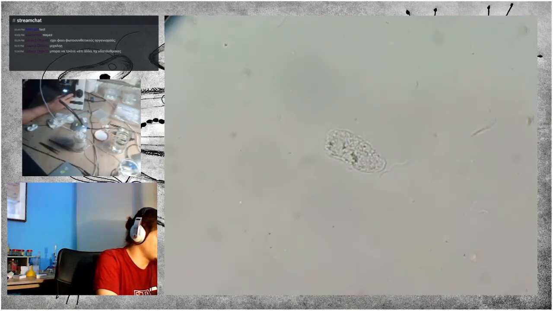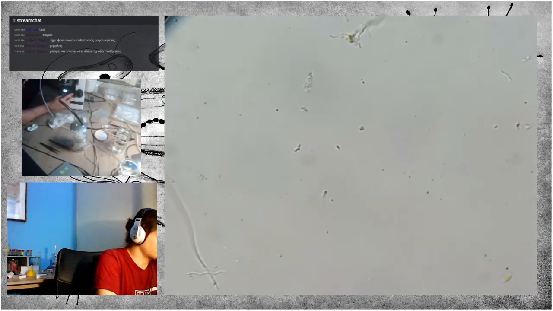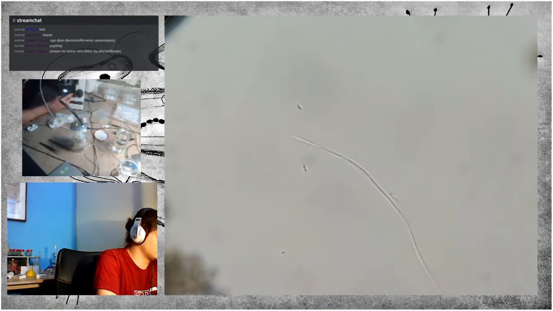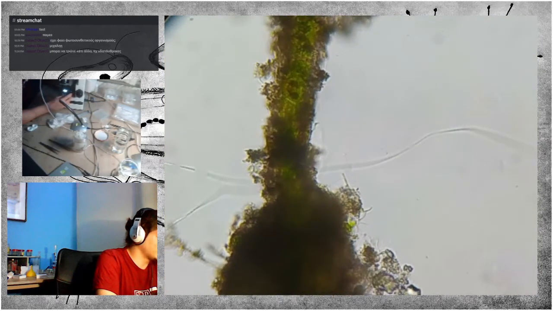It is dead for sure, but I don't know if it's a ciliate. It's probably a ciliate though.